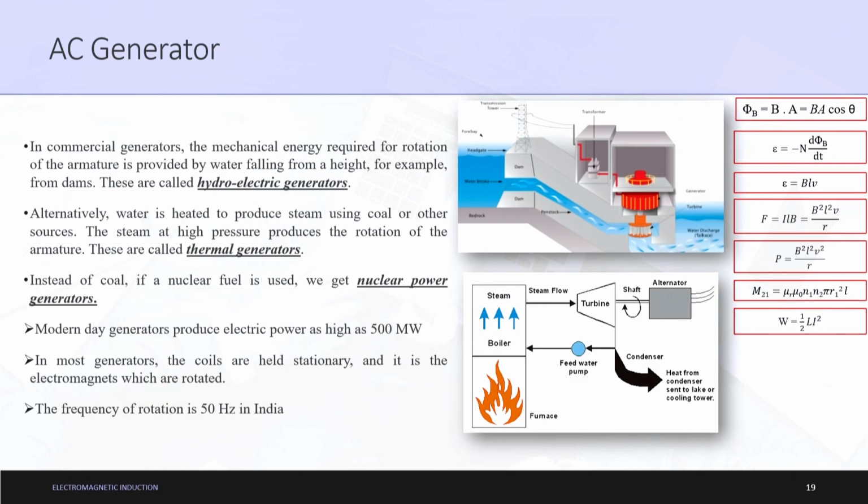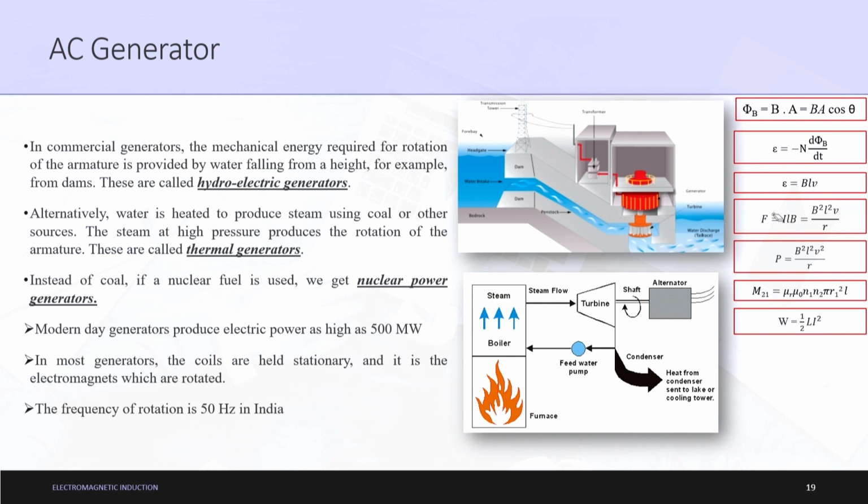Now in commercial generators the mechanical energy required for rotation of the armature is provided by water falling from a height. As you can see the water is falling from a height, let us say this is the height we are talking about, for example from a dam.